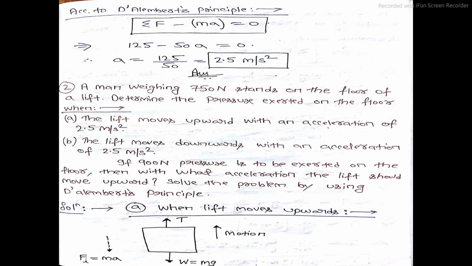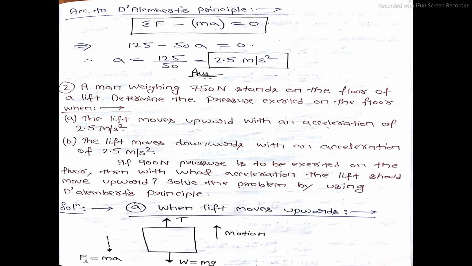And in the second part, when the same lift in which the man whose weight is 750 Newton is standing on the floor of the lift moves downward with some acceleration, how much is the pressure that the man exerts on the floor? This you need to find out. The third part we will solve later on. So first of all, let us solve the first and the second part of the problem.